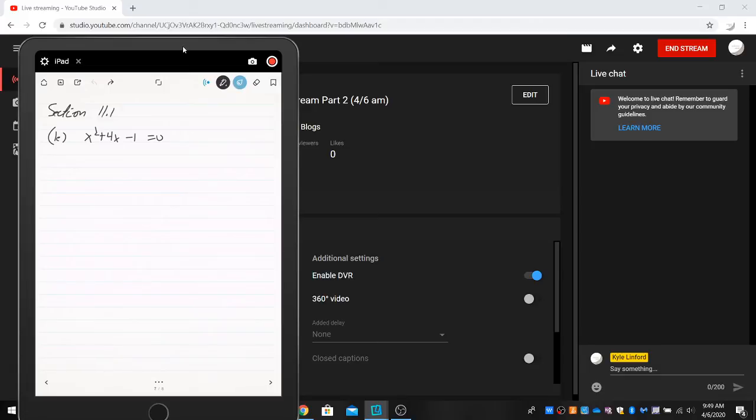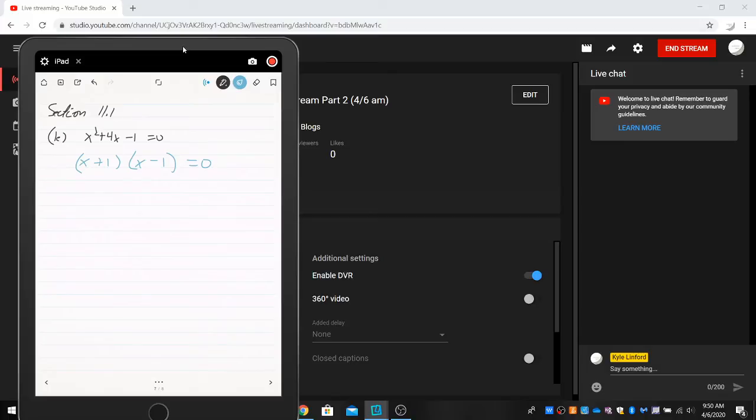Well, let's try to solve this problem using the zero product property. I need to factor this down and set each of the factors equal to 0. All right? What multiplies to give me -1, but adds to give me 4? Nothing, I don't think. Let's see. What gives me -1? Well, that's just +1 and -1. But those don't add to 4.